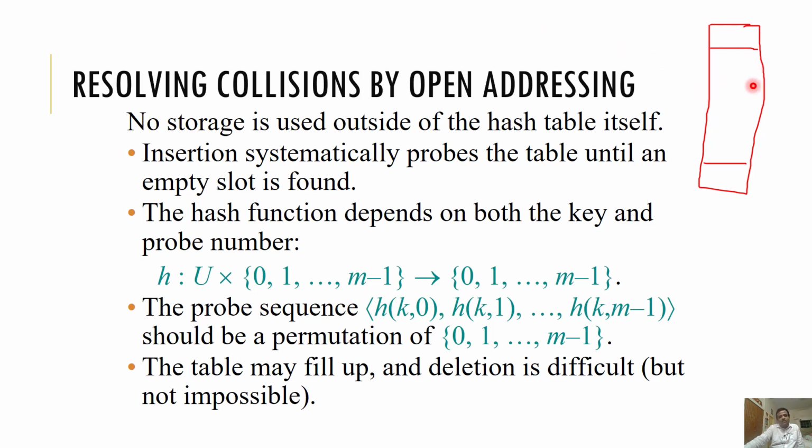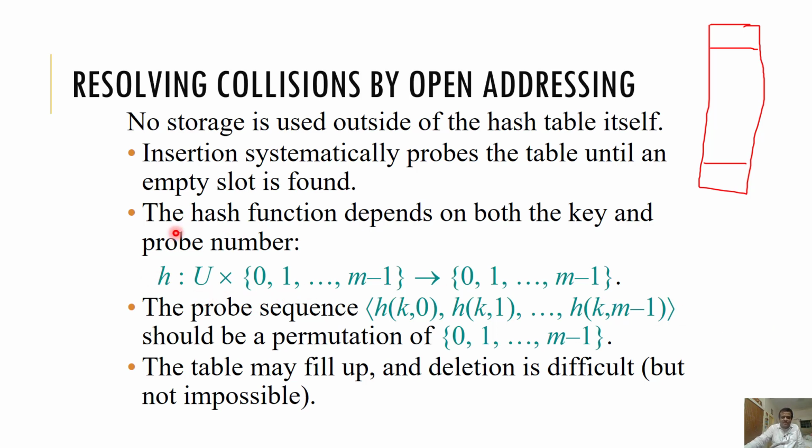If the slot is occupied, then we have to try the next slot. How can we do that? We have to apply another hash function, because if we use the same hash function, it will hit the same occupied slot. So we use another hash function, which may hit a different slot. So this is a family of hash functions.